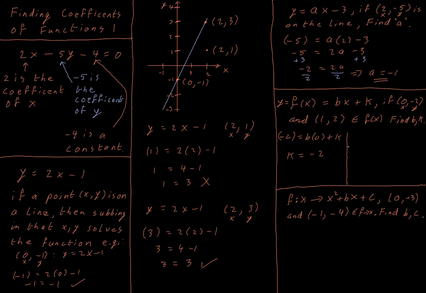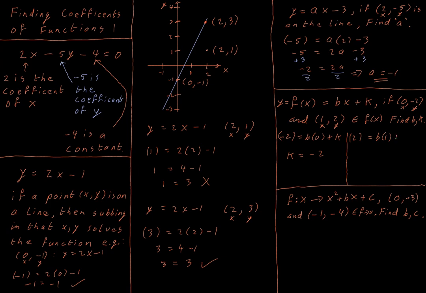That was fairly straightforward. And I know that (1, 2) is also on the line, so I could take the x and the y for that. And I sub that in, and I have y is 2 is equal to b on 1. But now I also know that k is -2.